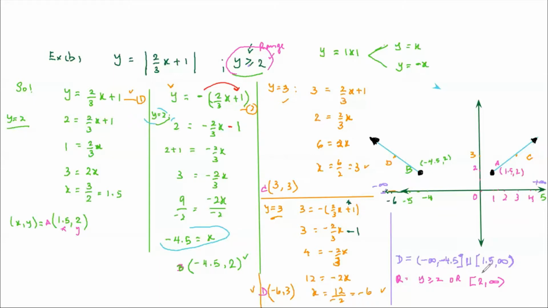Now we go to the next example. The condition is y less than or equal to 4 and greater than -1.